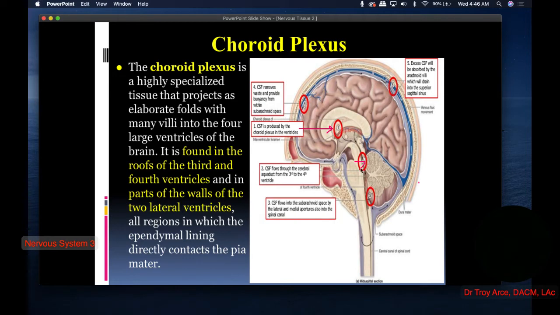And the CSF actually flows into the subarachnoid space. So we talked about those layers. And that subarachnoid, again, is under the arachnoid space.